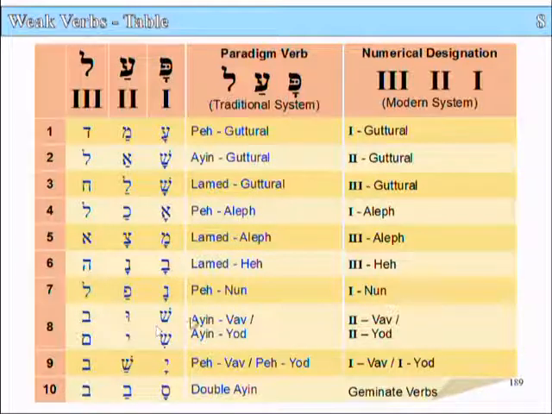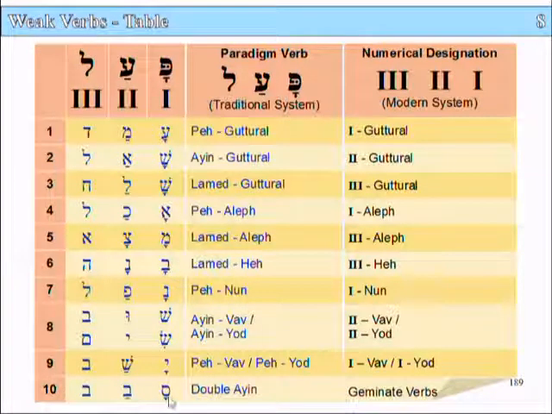Here we see the hollow verbs, the ayin vav and the ayin yod, and that can be a second vav or second yod weak verb. And here we have a verb beginning with a yod. Again, that's a weak verb. It begins with a yod, so it's called a pay vav or pay yod, the pay meaning it's in the first position here.